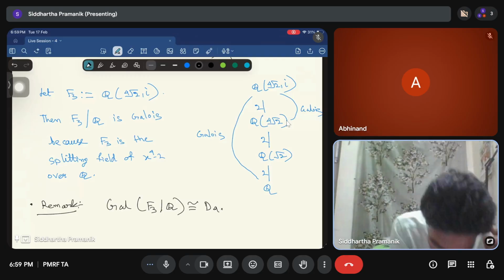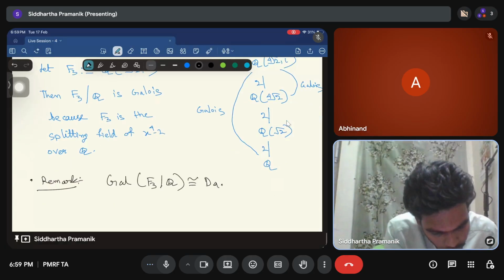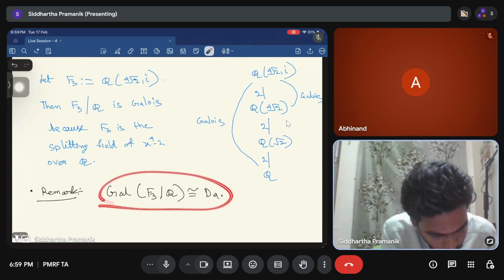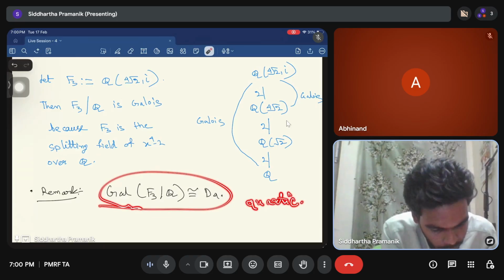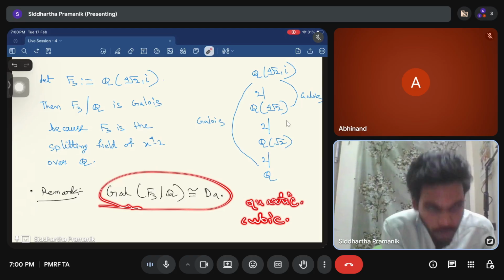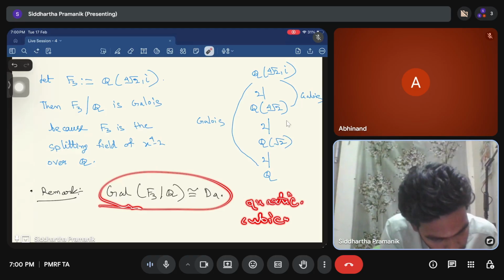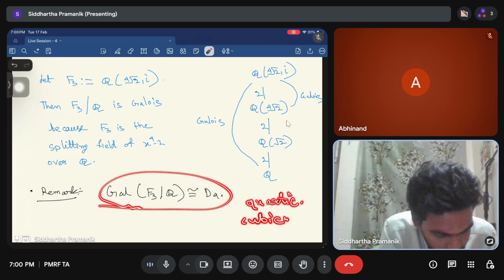So in the upcoming weeks, we will specifically do how to find the Galois groups, how to find Galois groups of quartics. Quartics means degree 4 polynomials. Also cubics means degree 3 polynomials. So we will do all these things specifically. So using that, you can also do this easily.